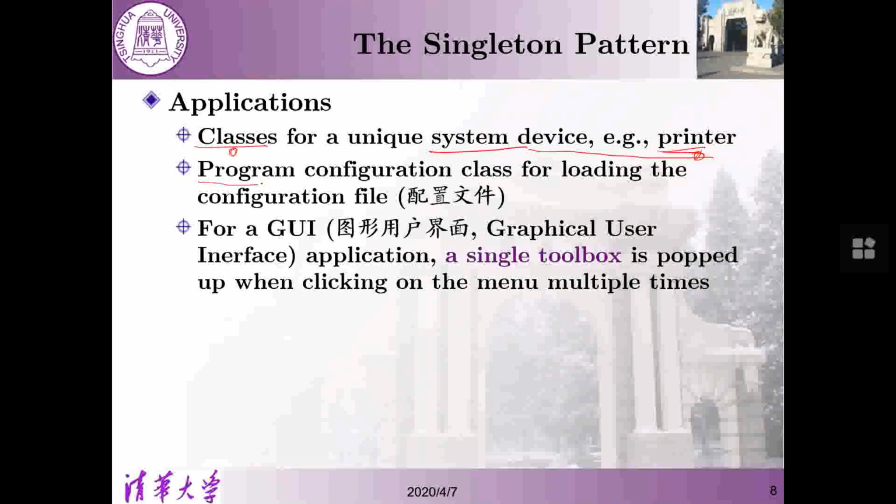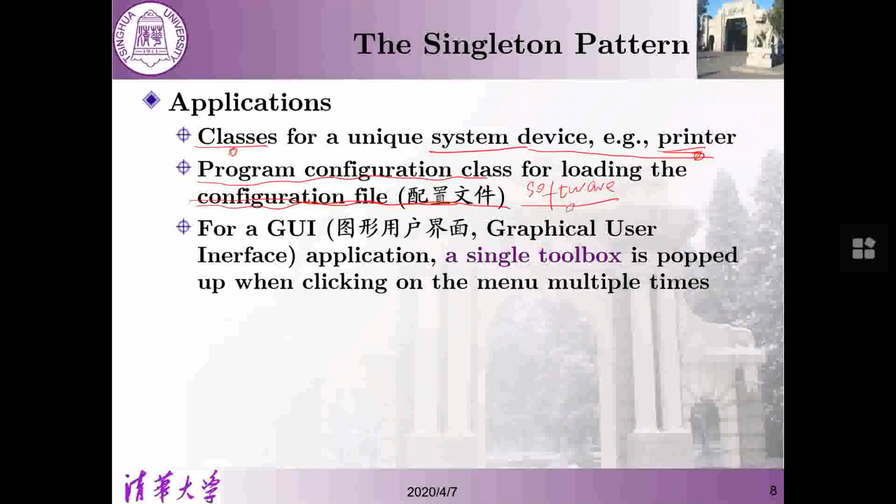Another one is the program configuration class. Many software applications have a configuration file, in which there are different parameters to tune the software.